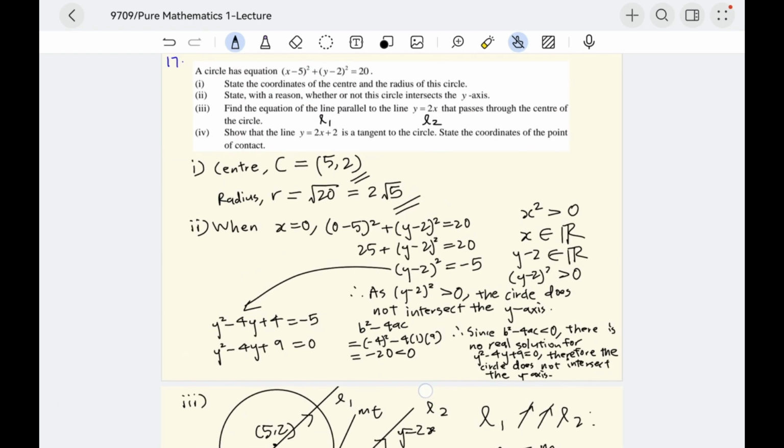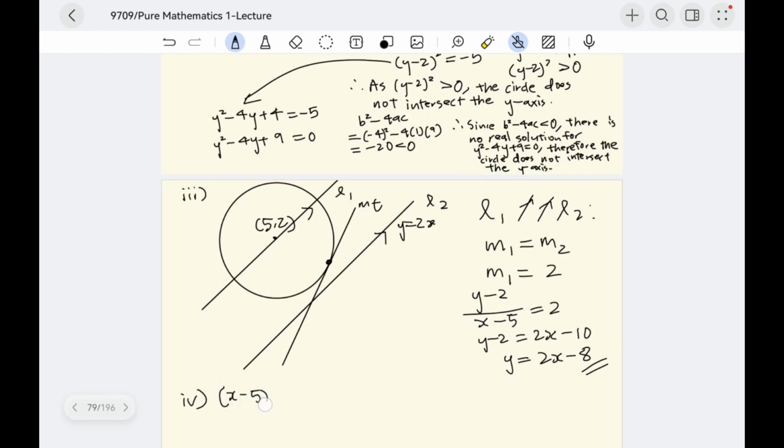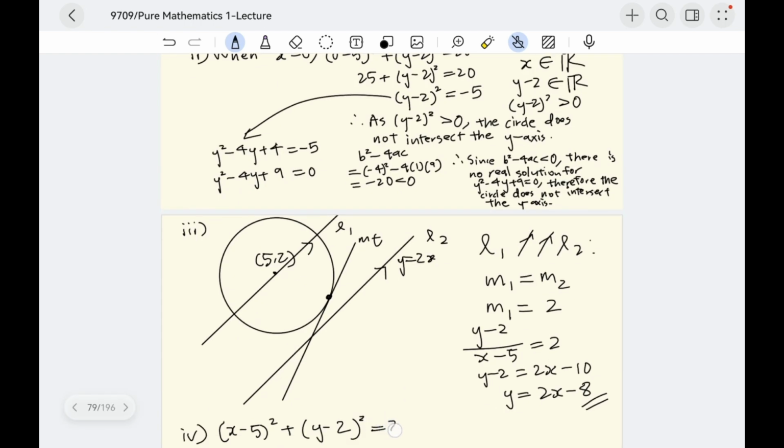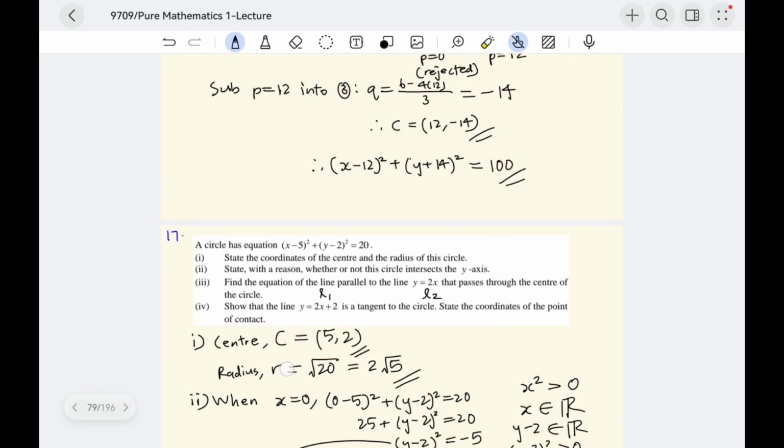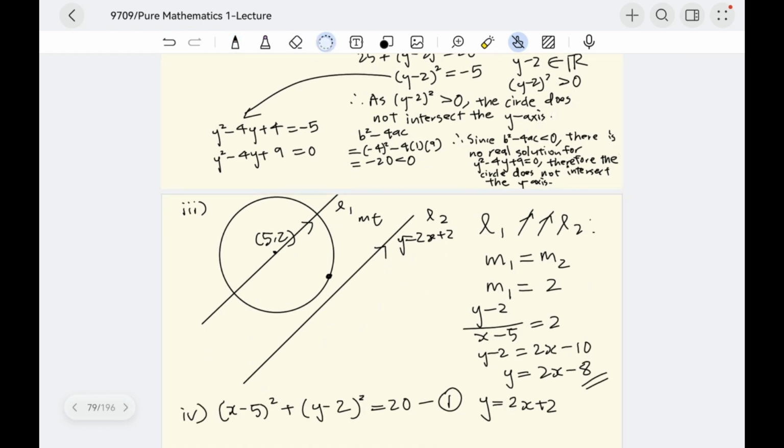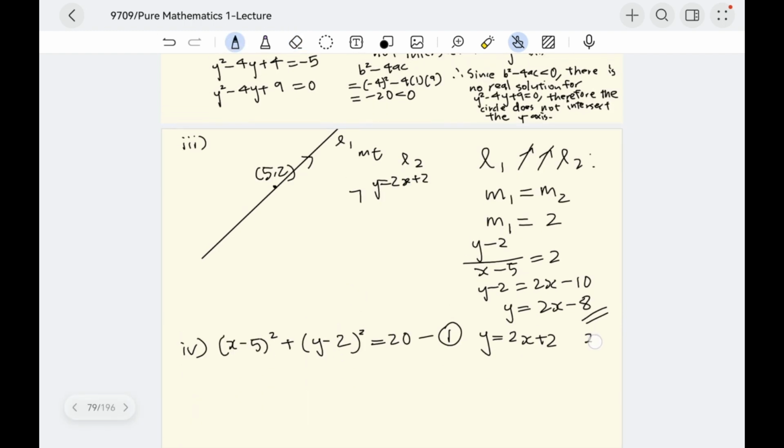So I have the equation (x minus 5) squared plus (y minus 2) squared equals 20 as equation 1, and given the tangent to the curve, y equals 2x plus 2, you label it as equation 2.